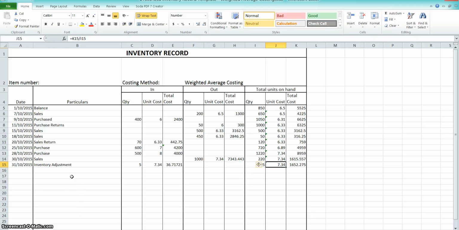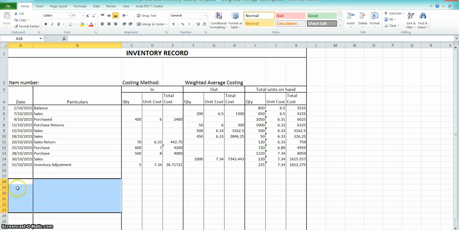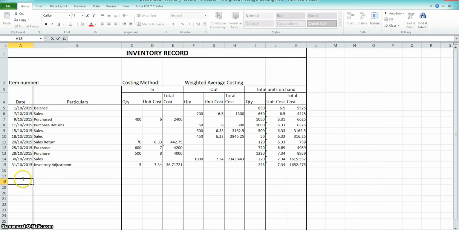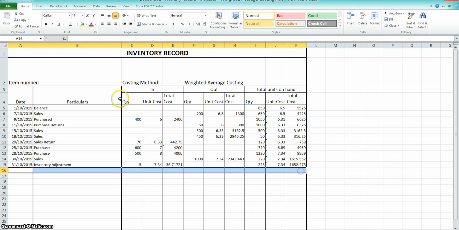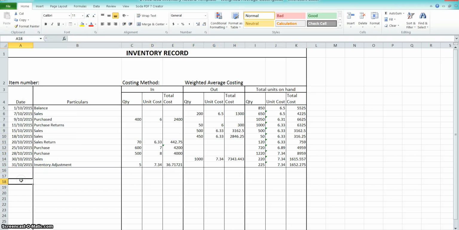The last step then is to do a journal entry. So it's probably a good idea to maybe line that one off so that we know that that's the end. And then in here we'll say general journal. Journal. And it'll be on the 31st of the 10th, 2015. Debit column and a credit column.